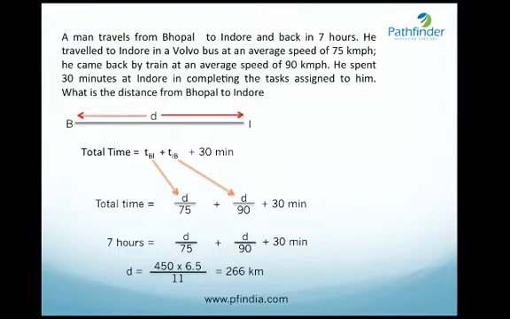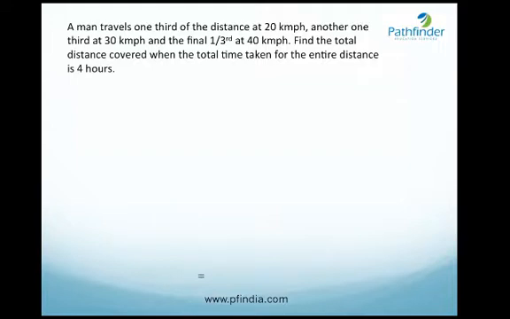So you saw how we utilized the concept in this question. We equated the total time and we said the total time was spent in the two segments, the segment of going and segment of coming back, plus performing the tasks assigned at Indore. Let us look at another similar question and see whether the concept is applicable even there.